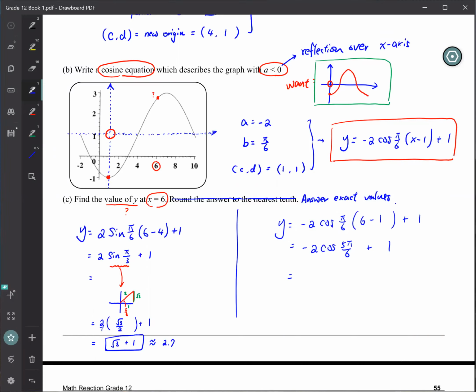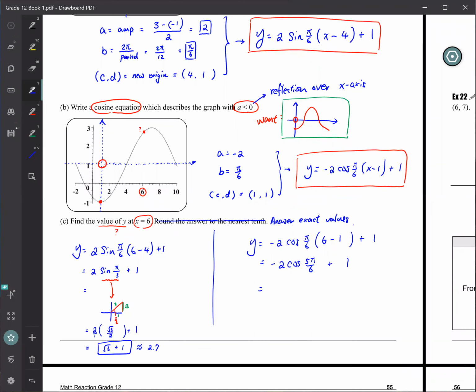Go through the steps for find side ratio, find exact value. This is a good chance to review, okay? That was like, I think, 3 classes ago, right?